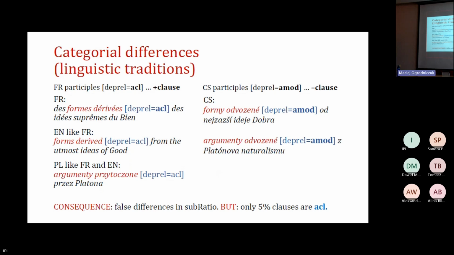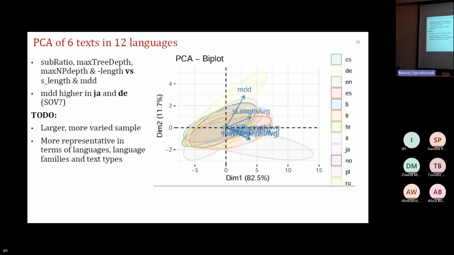These deverbal adjectives would be a non-finite clause in French, but just an attribute in Czech. And the same here. But in Polish, you have the same as in French. So the comparison might be different, and also between Czech and Polish. So you get some false differences in subordination ratio, but on the other hand there are not so many clauses here, but it still can make a difference.